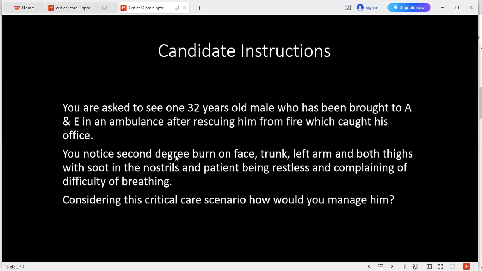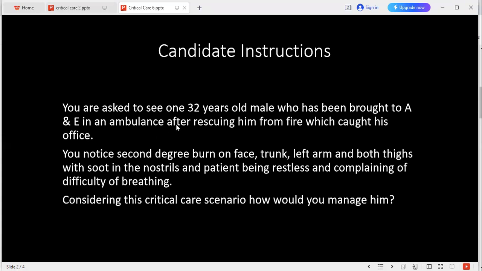Second degree burns are categorized under partial thickness, because full thickness burns are leathery and white and desensate. That is more advanced, but this one is not up to that extent.